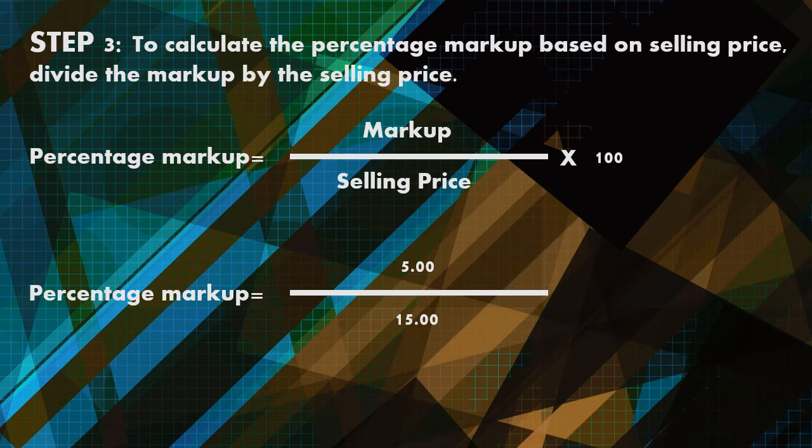All you have to do again is to divide them. So 5 pesos divided by 15 pesos will be 0.33. After getting the quotient of the markup and selling price, multiply it by 100 to get the percentage markup of the selling price. So 0.33 times 100 is equal to 33%.